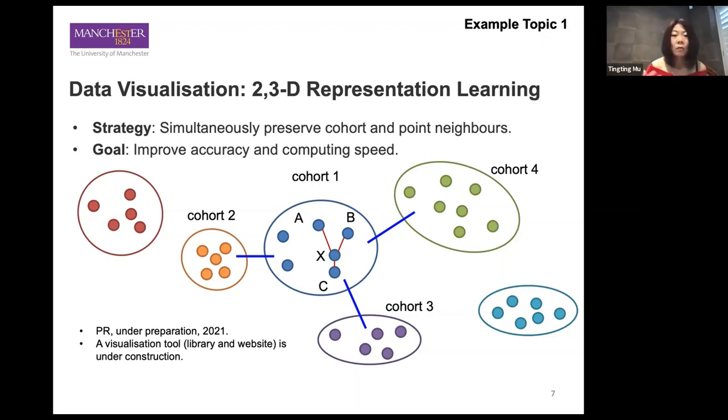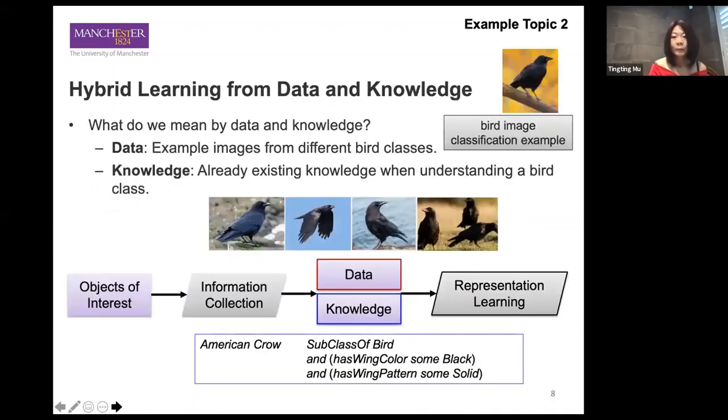Also, many algorithms are based on quite elaborate optimization processes that can affect computing speed. So our algorithm development goal is to improve the accuracy and also speed up the calculation. Currently, we're working on a visualization tool, which will include a tutorial website and also a visualization library to share our developed algorithm with users.